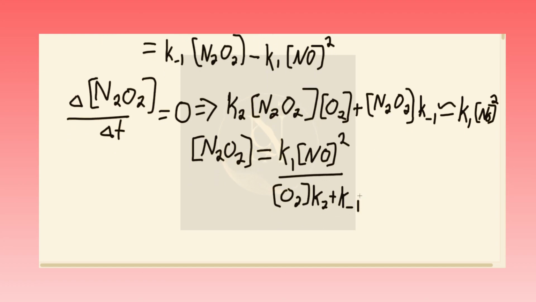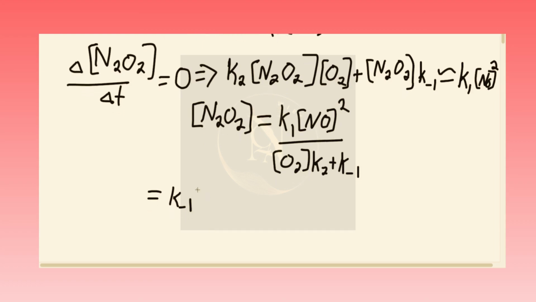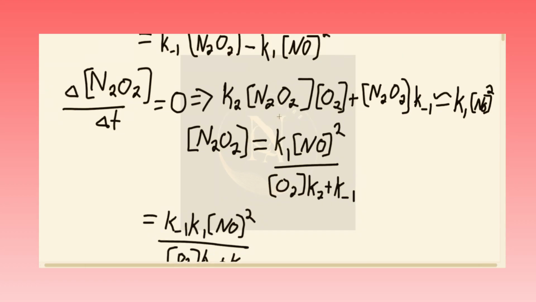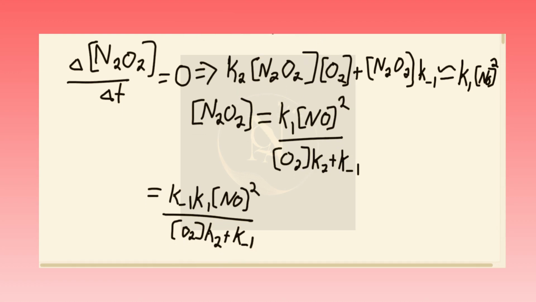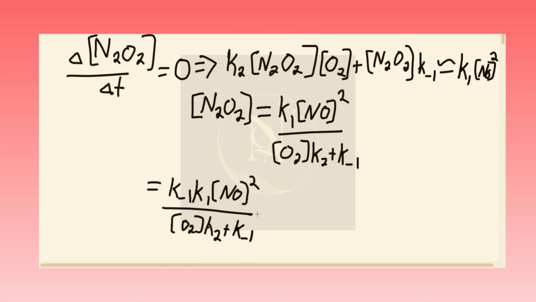Now let's substitute that back in to our first expression. So we have k₋₁ times k₁ times [NO]² over [O2] times k₂ plus k₋₁. And then we have all of that minus k₁[NO]².